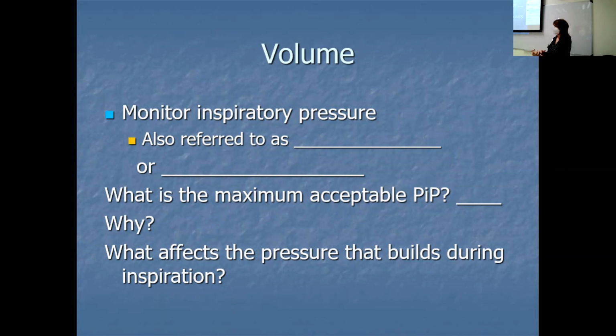Airway resistance covers a list: secretions, bronchospasm, really fast turbulent flow rate, small endotubes. All those airway resistance things will affect pressure. And then the stiffness of the alveoli will affect the pressure. So those two things.